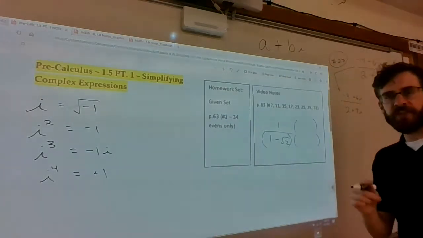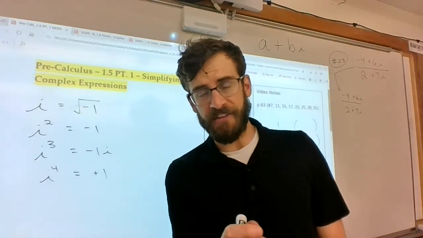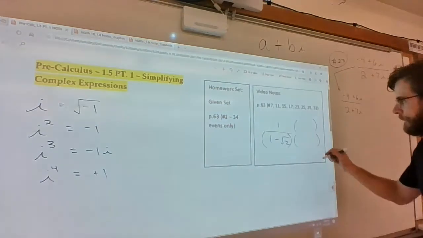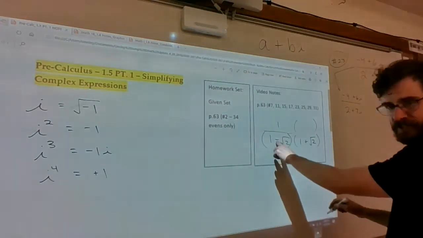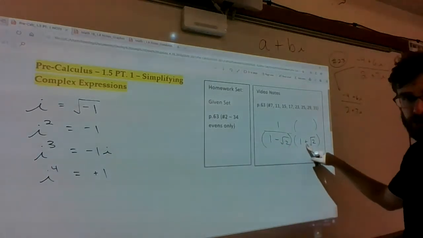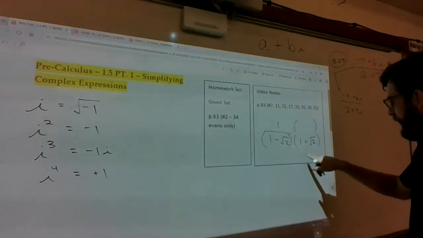You can do that with differences of perfect squares. We talked about that in factoring earlier this year. Bottom line is if you multiply by the opposite of what you see here, you create a difference of perfect squares. It's actually called the conjugate, okay?